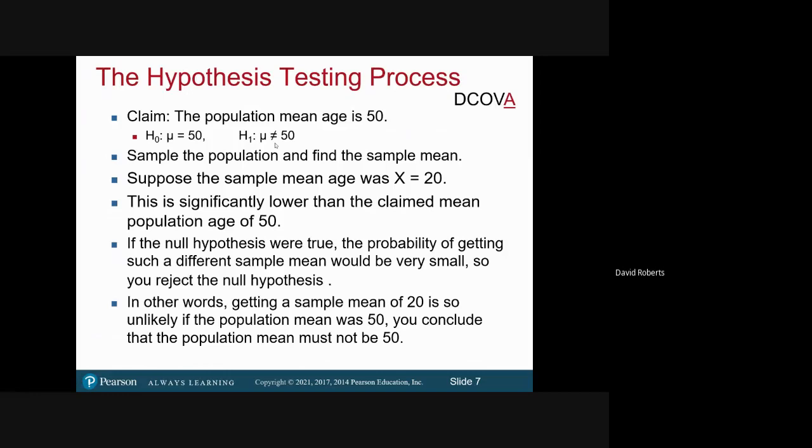We take a sample, and the sample mean age was 20. This is significantly lower than 50. Now, you can't just automatically say, well, the population average is not 50. It depends, of course, on standard deviation. But looking at the numbers, it's likely that it's not true, or that the mean is not 50.